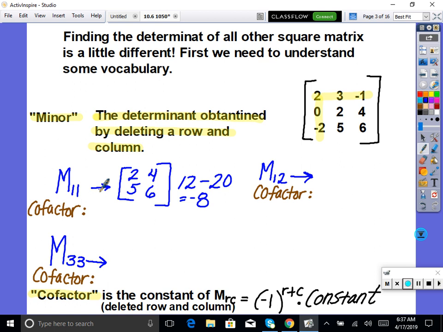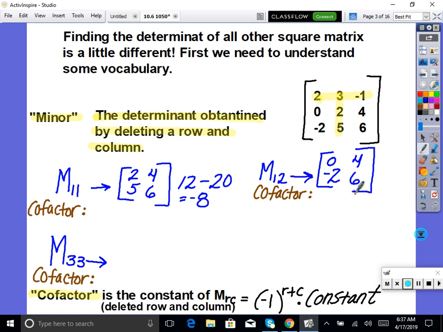Let's do it again. Right here this says find the minor of 1 sub 2. That means delete row and column, row 1 first, but now we're deleting column 2. So I'm going to highlight column 2. What minor matrix are we left with here? 0, negative 2, 4, and 6, because the highlighted portion is being deleted.